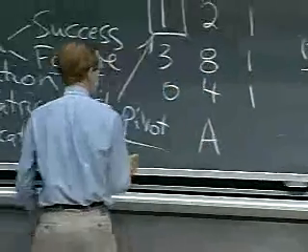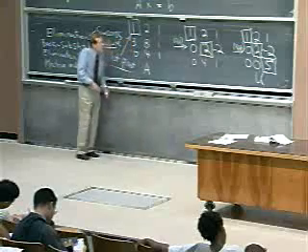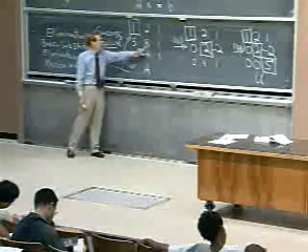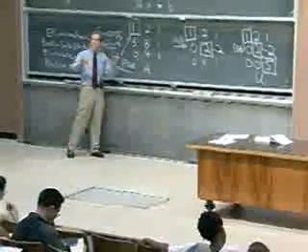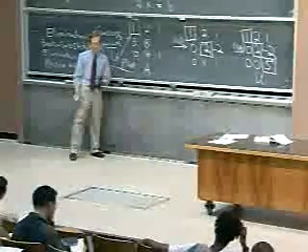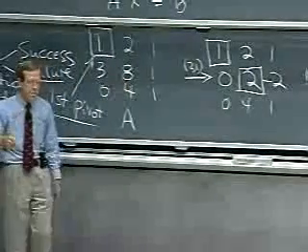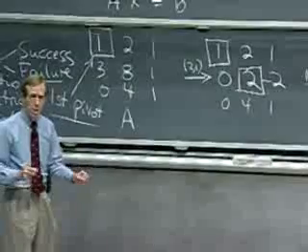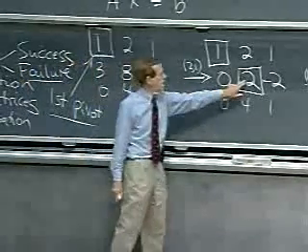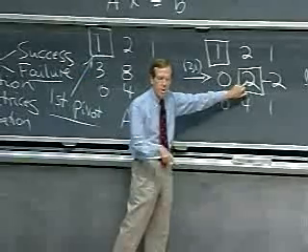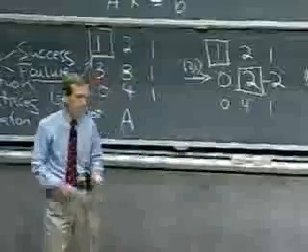Now, for example, this second pivot came out 2. Could it have come out 0? Actually, if I change that 8 a little bit, I would have got, again, a little trouble. What should I change that 8 to so that I run into trouble? A 6. If that had been a 6, then this would have been 0, and I couldn't have used that as the pivot, but I could have exchanged again.